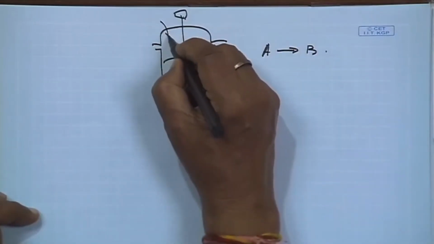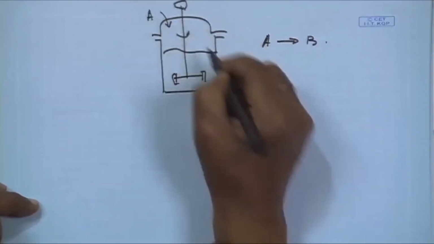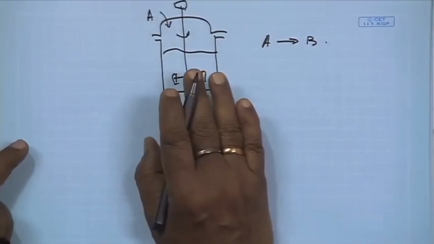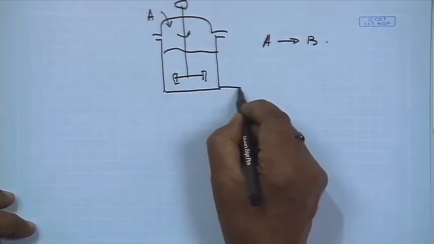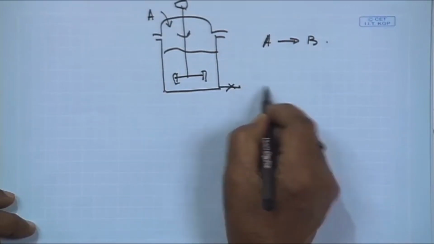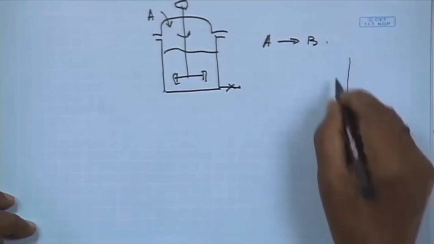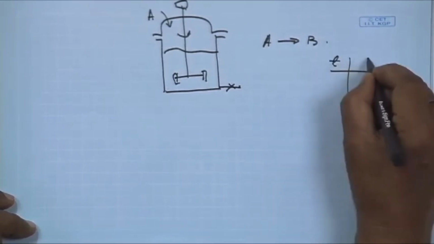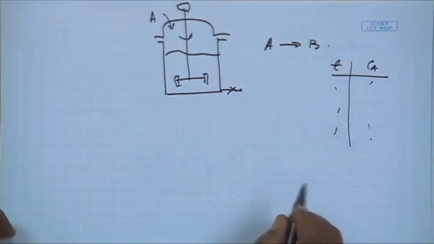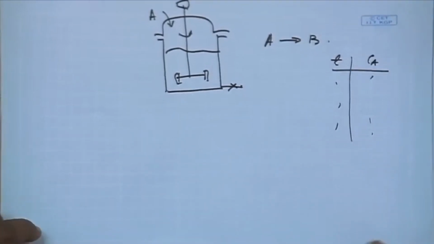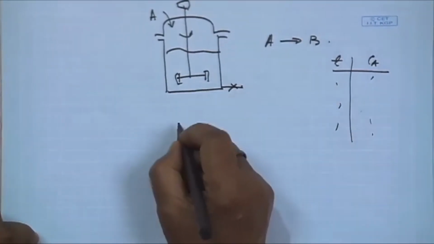So you take A in the system, and let the batch process run. You take the material at a time and let the reaction take place. Now at different times you draw a sample and find out the concentration of Ca at different times. That has been given in this problem. So you have to find out the rate equation.